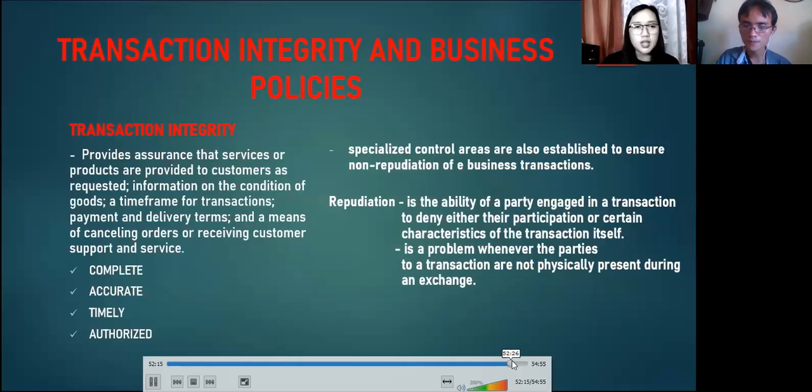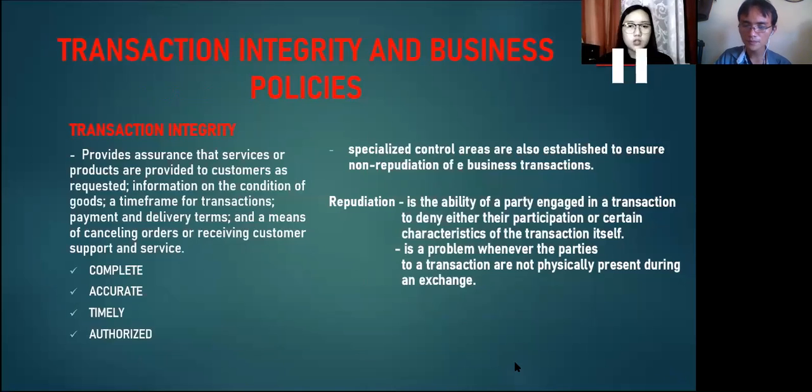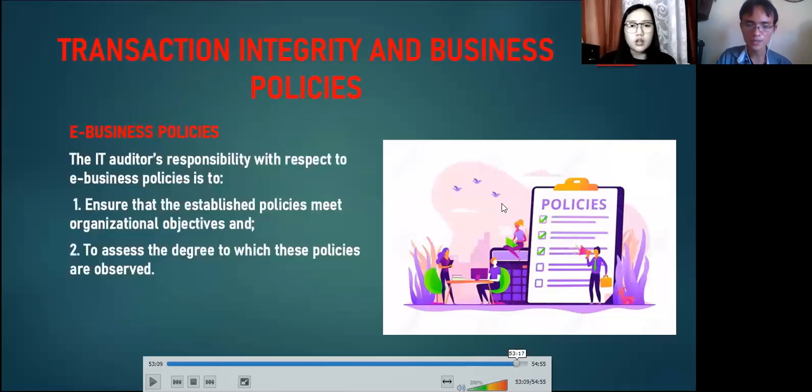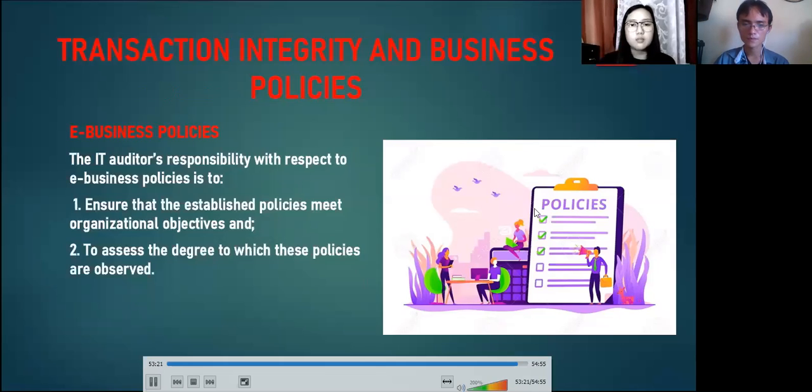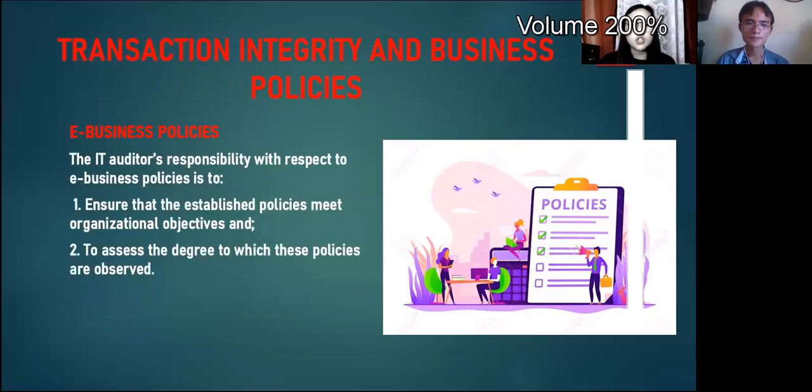System processing policies are evolving as organizations learn what constitutes the best practices, and there should be a business policy for each event within a business process.